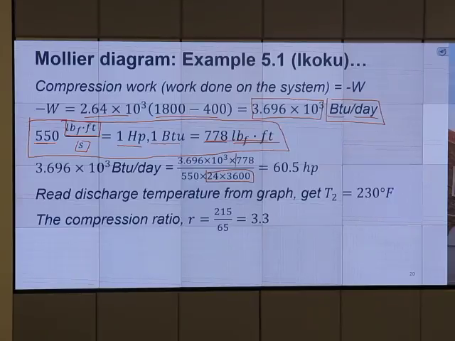So I multiply by 778 to give me pound-force foot. So next I divide by 550 to convert to horsepower. And then I get 60.5 horsepower. Now I'm ready to select the compressor. Good? You can do this, right?